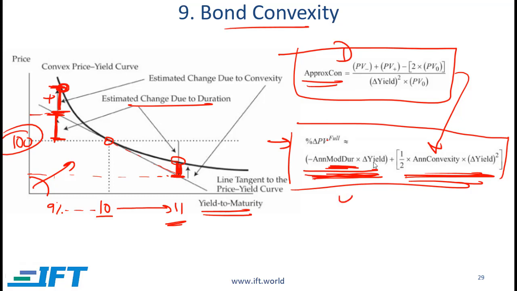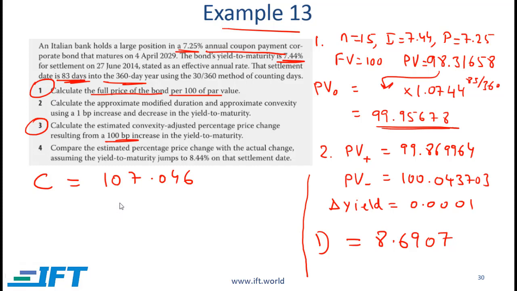The change in yield is going to be 1%, which means that we'll use a number of 0.01 and then half into the convexity number, which we just calculated, and then yield here would be 0.01, but note that we use a square.